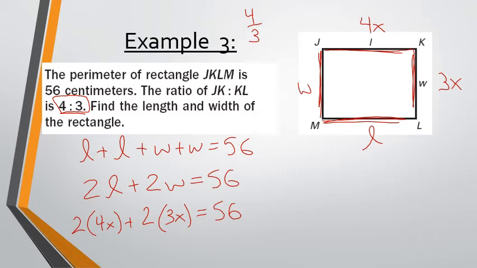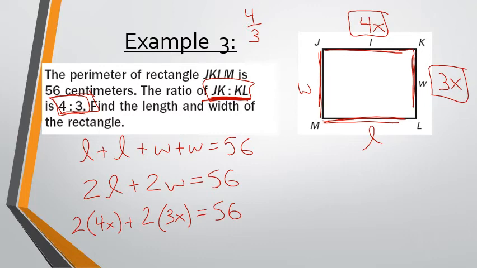So I took this 4x and this 3x. This is a little weird to think about at first, okay? And you may need to watch this portion of the video a couple times to understand what we did. Again, I used my ratio that I knew from the length and the width over here, the 4/3, to come up with the 4x and the 3x, which then I replace the L and the W with.